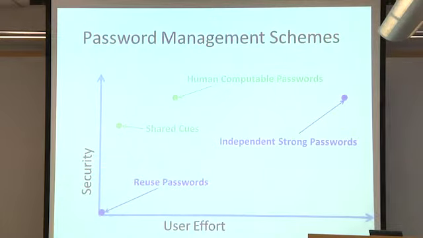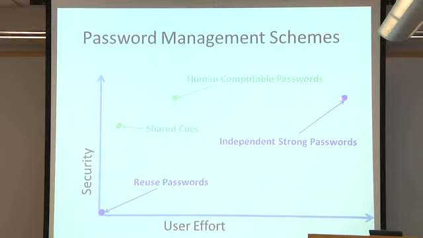So this is a problem that I've been thinking about for several years. And we can consider a number of different strategies that the user might follow. One strategy might be to pick one simple password and just reuse it everywhere. This strategy basically requires minimal user effort, but it also doesn't provide any meaningful security guarantees.